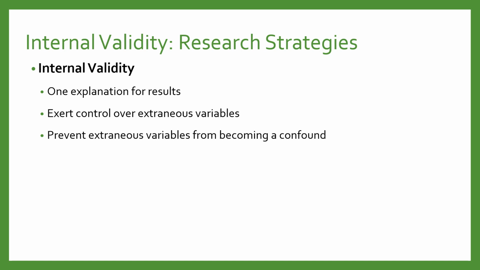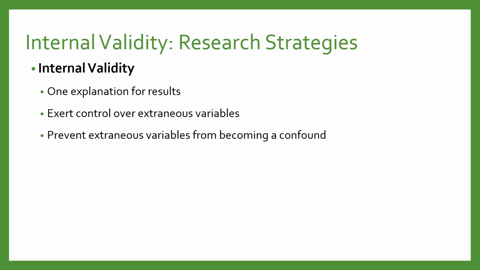So this requires that the researcher exert control over extraneous variables, which are basically any variables that are related to the independent variable and dependent variable, but aren't captured in the study. So you can avoid confounds through experimental manipulation, randomization to conditions, and holding all other variables besides the manipulation of the independent variable constant across the conditions in your study if you're doing an experiment.